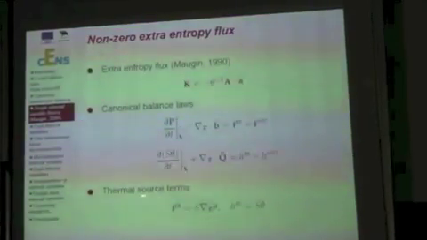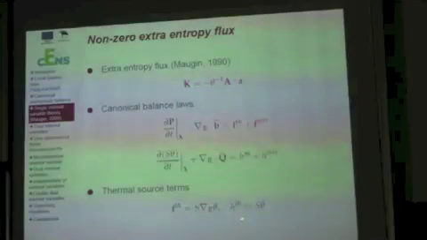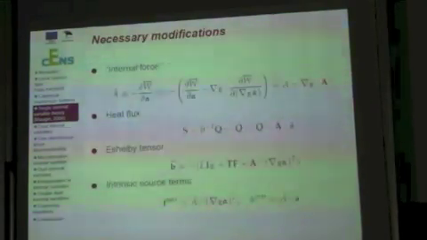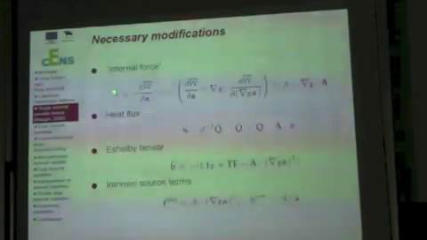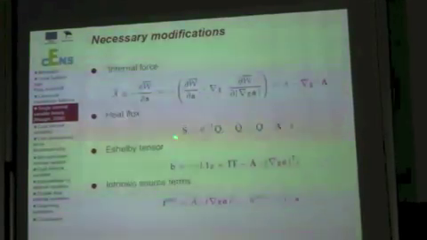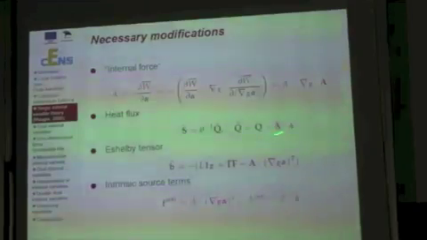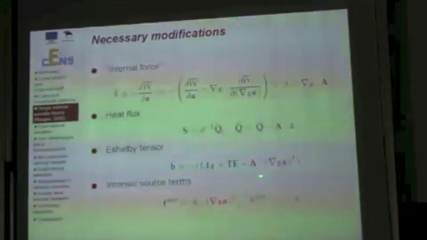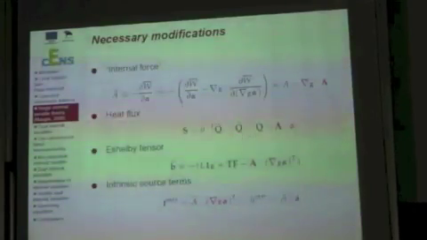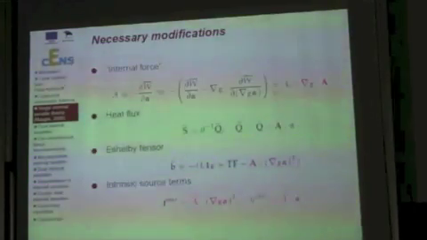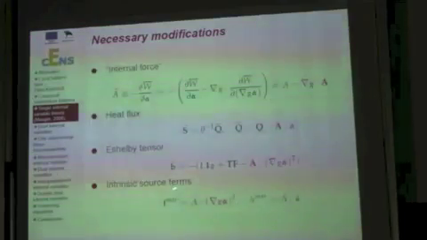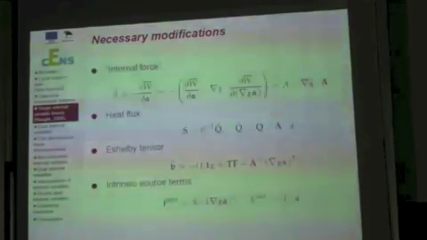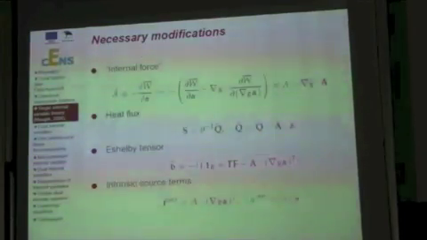But thermal source terms are calculated by temperature only. These modifications are the same. The heat flux has an additional term depending on the internal variables, the Eshelby tensor also has an additional contribution, and intrinsic source terms depend only on the internal variables.